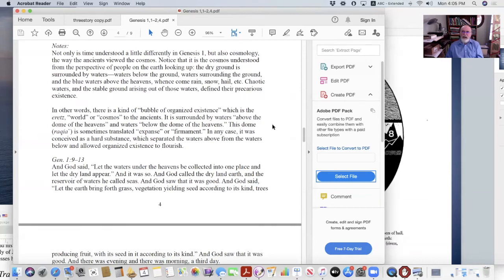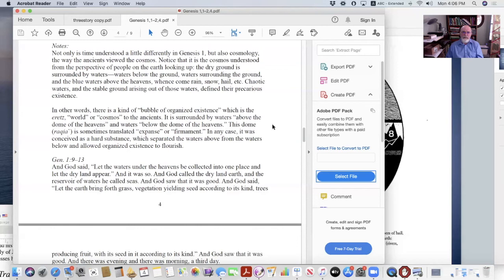There is a kind, I would suggest, of bubble of organized existence in Scripture, and the Hebrew word is eretz, which means world in the sense of cosmos, ordered existence surrounded by the chaos waters. Surrounded by waters above the dome of the heavens, the day 2, and waters below the dome of the heavens. The dome, I've translated it dome, rather than firmament.